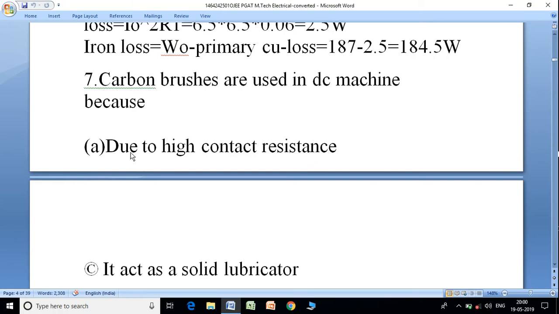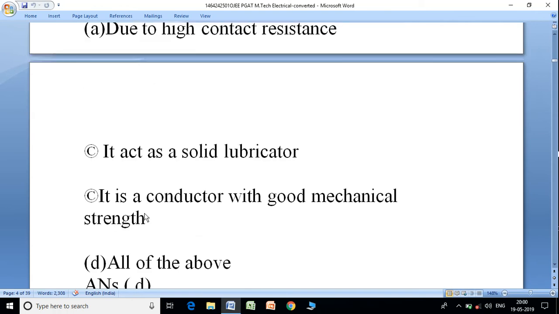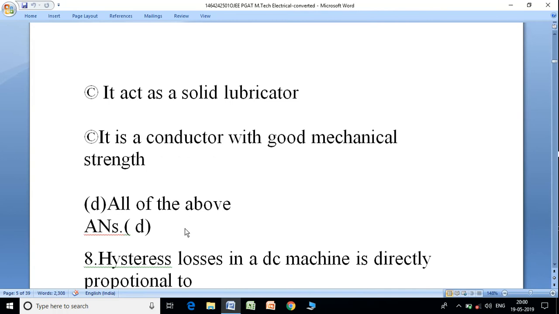Due to good commutation, no sparking occurs. It also acts as a solid lubricator, that is the wear and tear is very less, that is friction is very less. It also acts as a conductor by which we can send the current to the load circuit. Therefore, all of the above is correct.